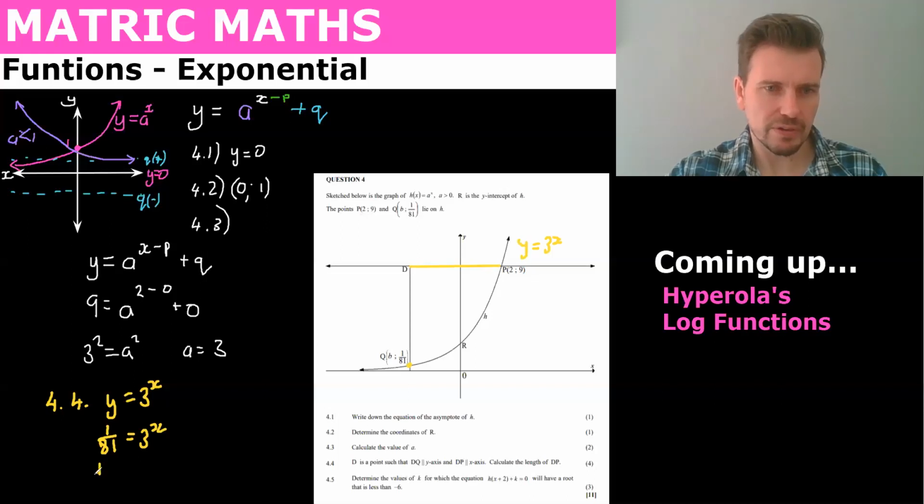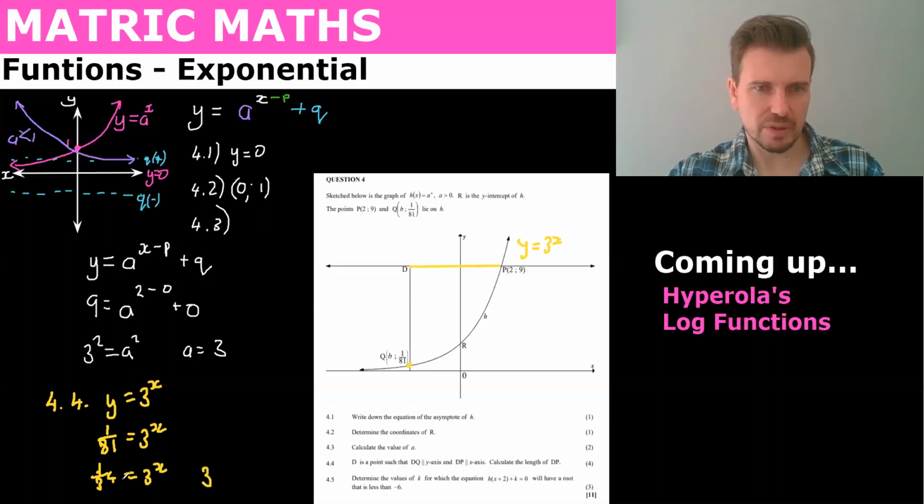So it's 1 over 3 to the 4. I'm going to do this in a couple of steps. Equals 3 to the x. So this becomes 3 to the minus 4 because the 3 can go to the top. Equals 3 to the x. And so we know x is equal to minus 4. So B is equal to minus 4.